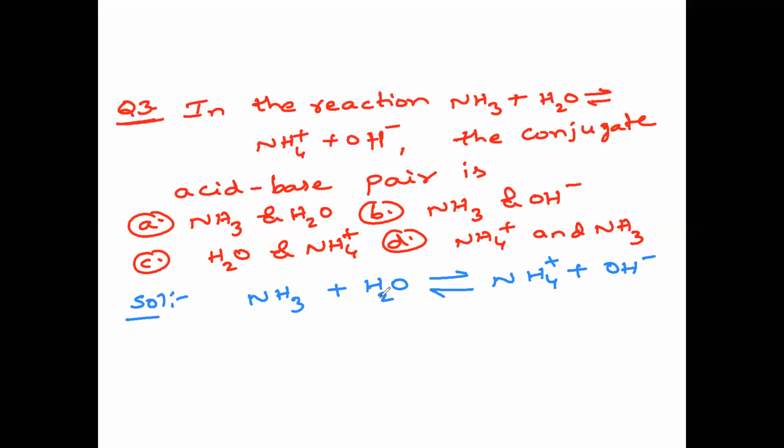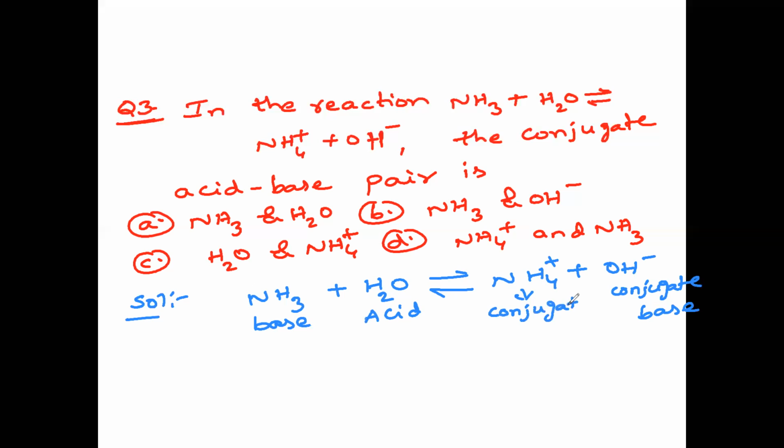So straight away we can say, since here ammonia is gaining one H plus ion, ammonia is called base and water is called acid here. So for water, OH minus is conjugate base. And for ammonia, NH4 plus is conjugate acid.